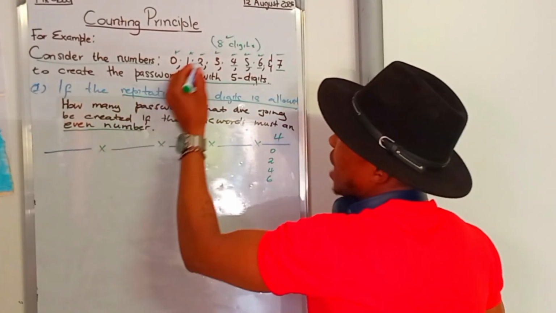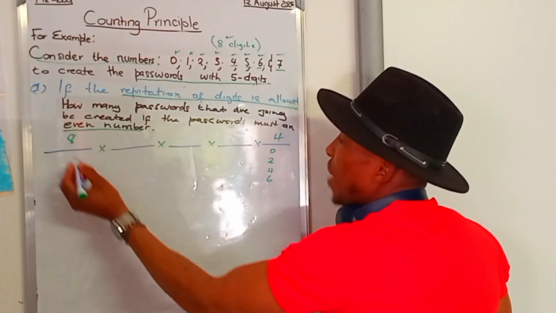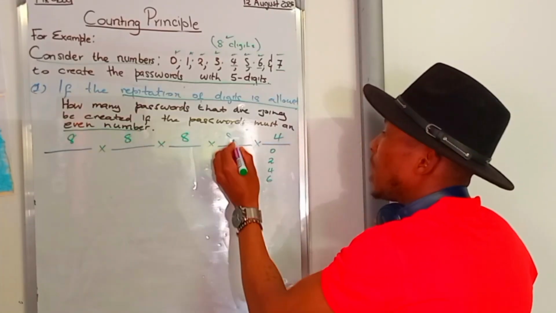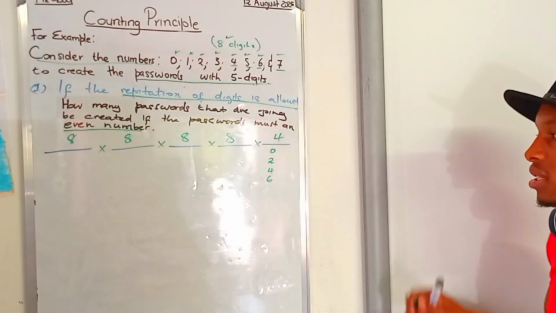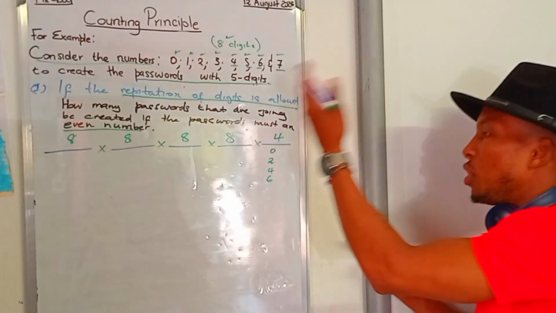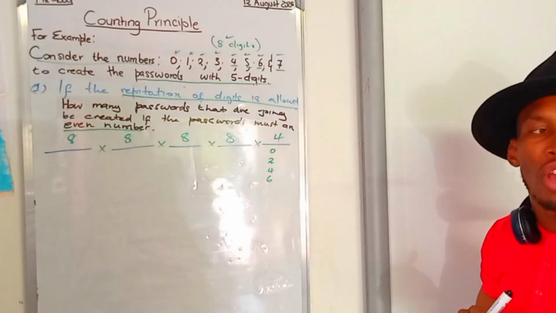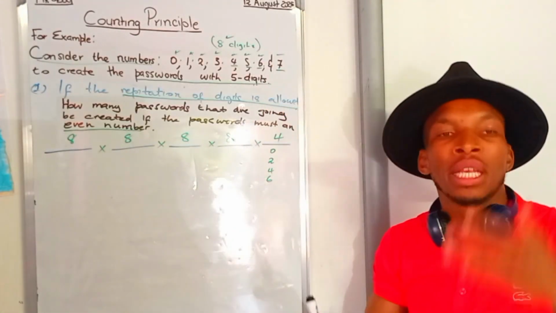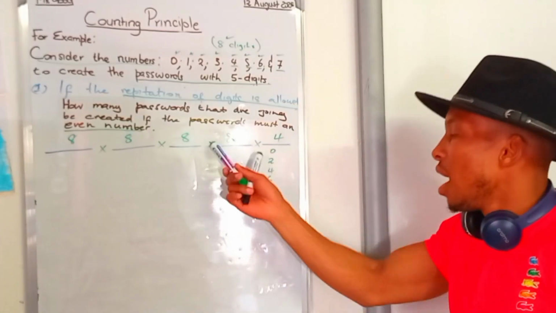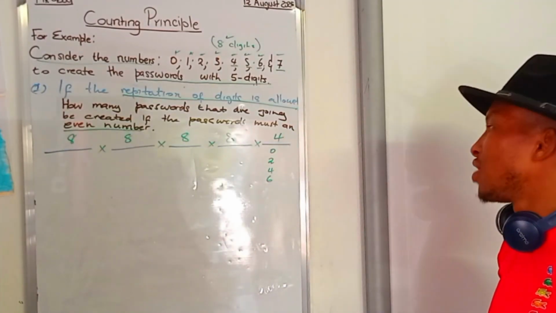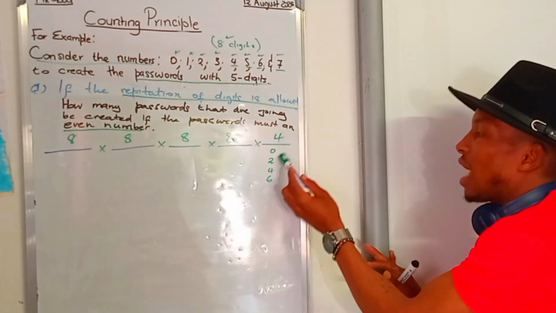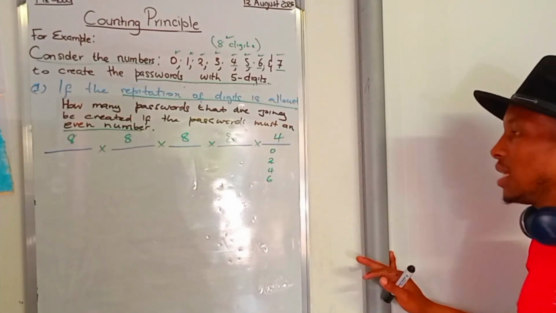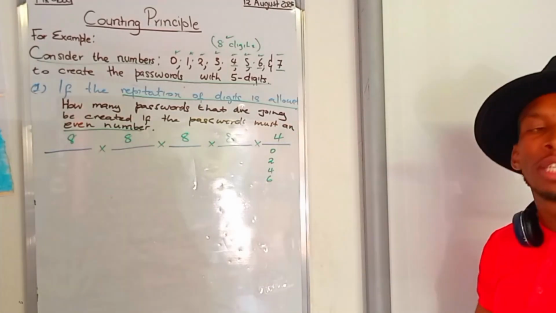How many numbers am I going to have? I'm going to have 8 numbers, because the repetition of digits is allowed. The total sample space remains the same, 8 numbers. The only space that is affected is the last space.